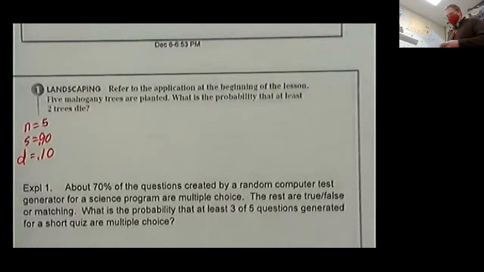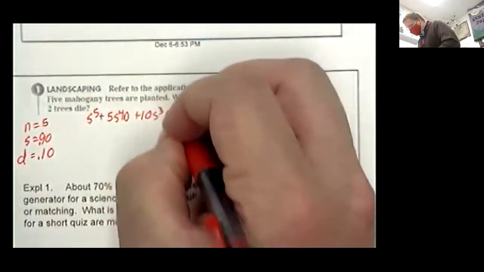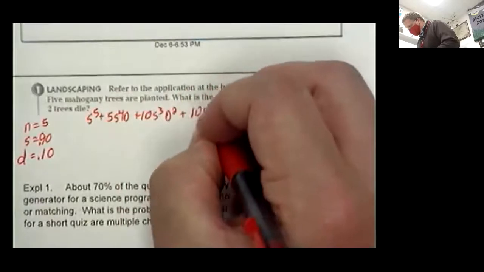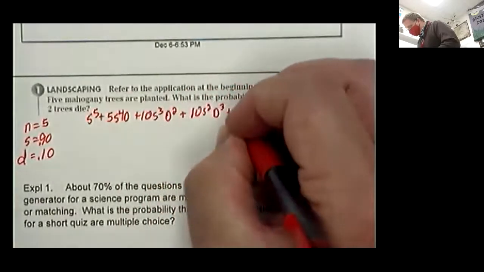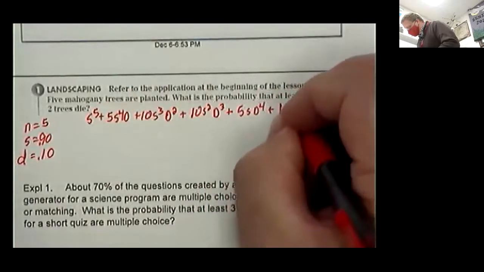And we actually are using the same formula because we're still doing 5 trees. So this is s to the 5th plus 5 s to the 4th d, plus 10 s cubed d squared, plus 10 s squared d cubed, plus 5 s d to the 4th, plus 1 d to the 5th.